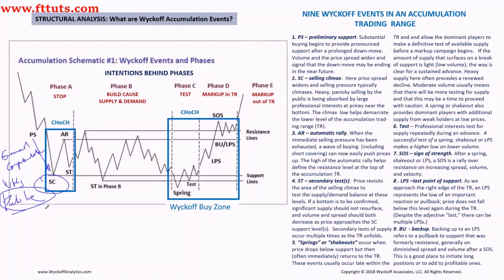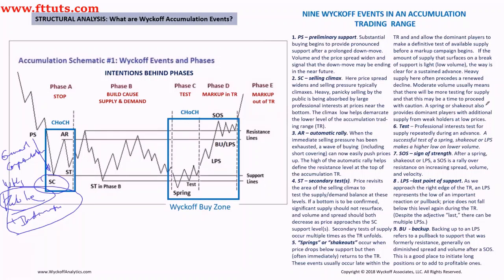Get this out of your head, especially those of you who've been studying the methodology for years and years. Weak hands are not necessarily just public. Weak hands are always going to be public plus institutions. Otherwise, we would not have such a huge volume signature on the selling climax. Public cannot produce overextended volume spikes like that.